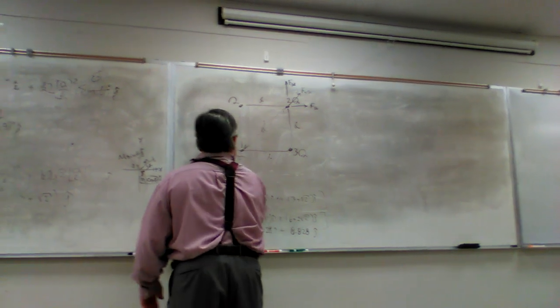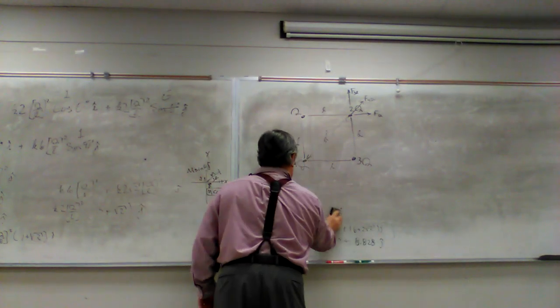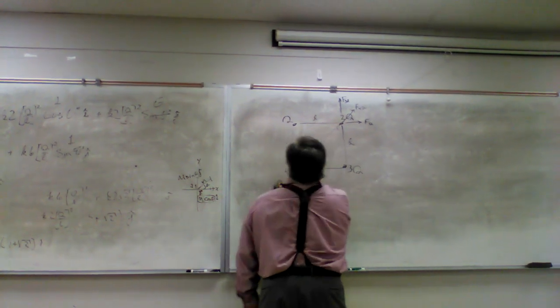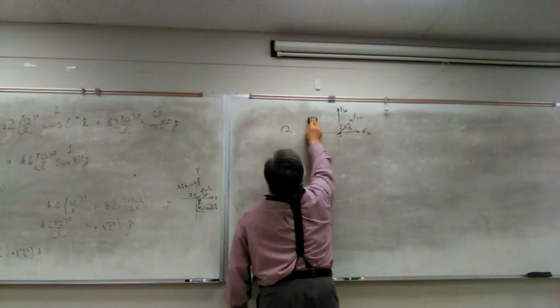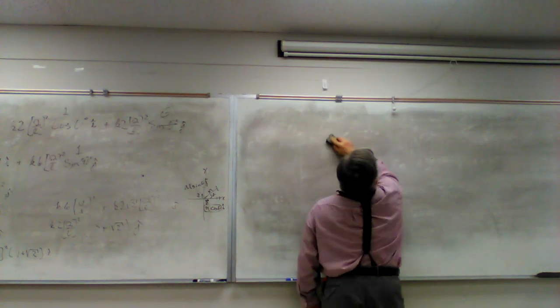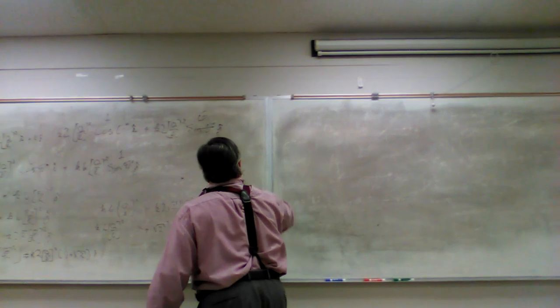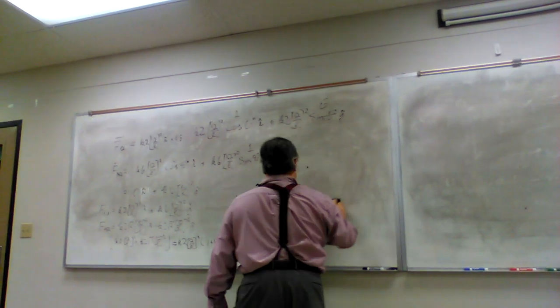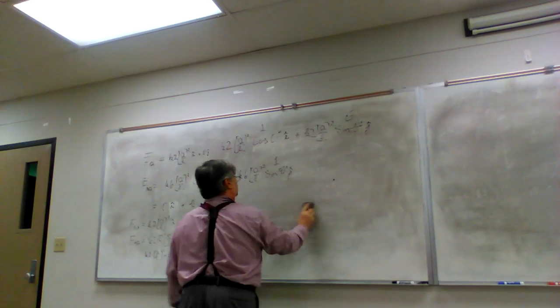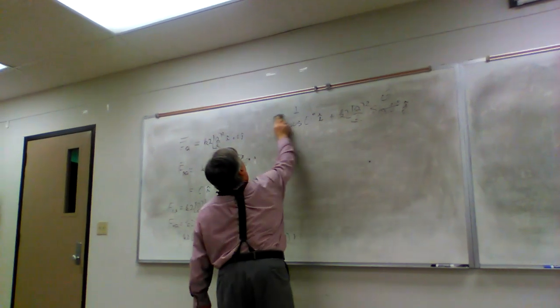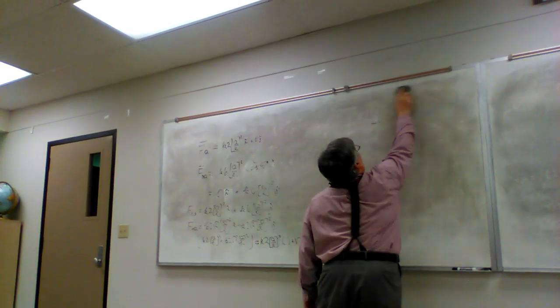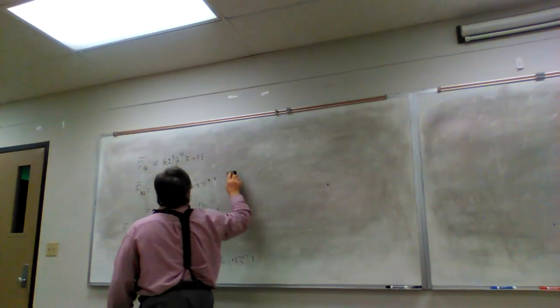So the answer from that was 61 degrees. But then also the K times Q squared over L squared 10.1. You've still got a K times Q squared over L squared.